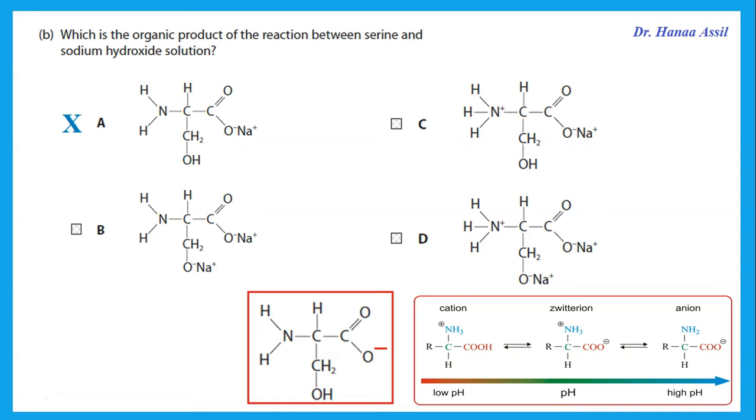That means the acid part is the sodium salt, so that is COO minus, and the amine is as it is, NH2. Now, if I put the amino acid in acid or low pH, then the amine part is NH3 plus, and the acidic part is COOH.